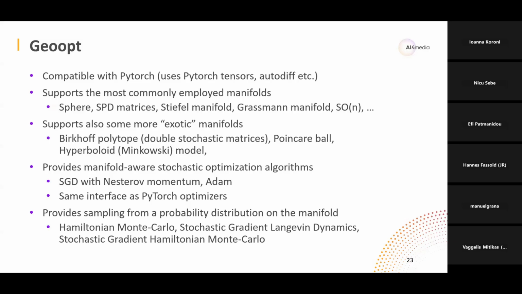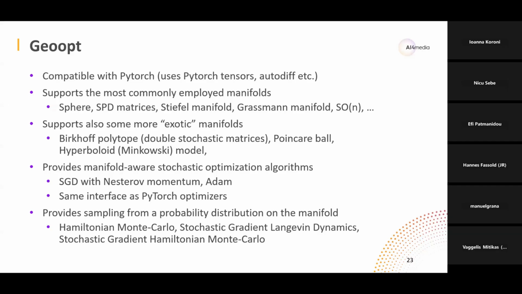The cool thing is it also supports more exotic manifolds, like the Birkhoff polytope, which are the double stochastic matrices, or the Poincare ball, or the hyperboloid model, which is a space with negative curvature.